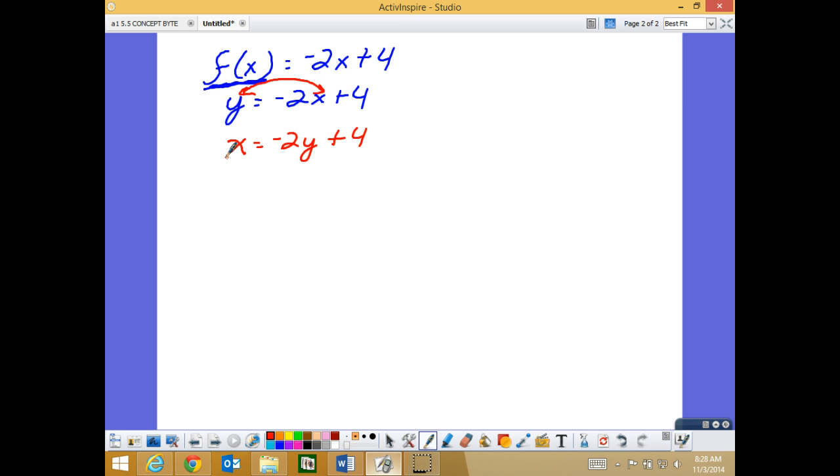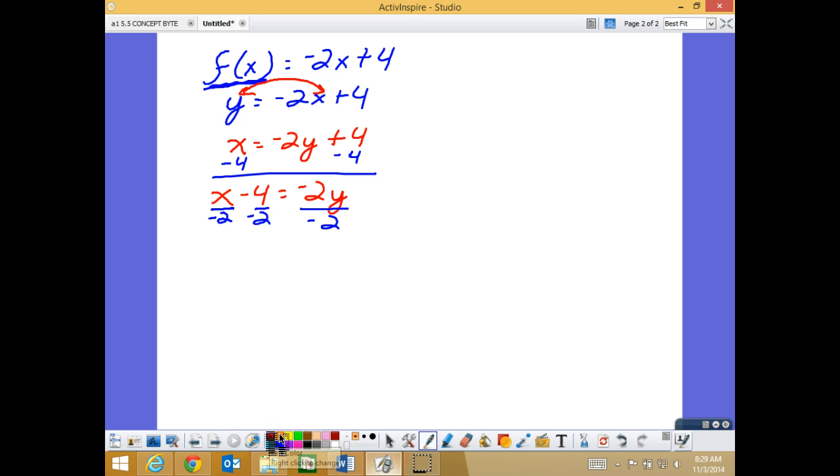So now we're going to solve this equation for y. First by subtracting 4, so we have x minus 4 is equal to negative 2y. And finally, by dividing by negative 2. We're going to divide everything by negative 2.